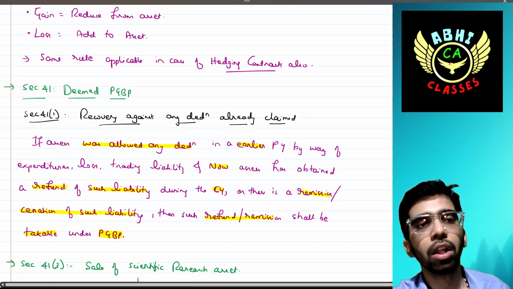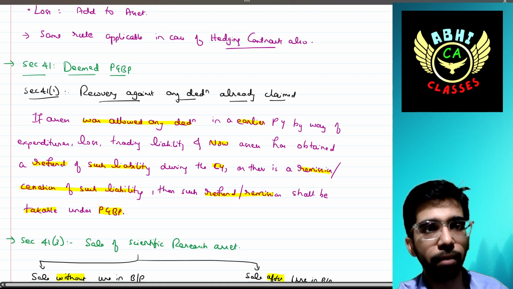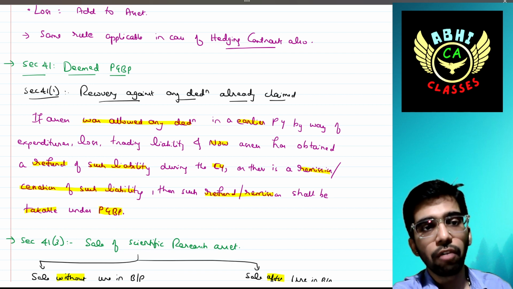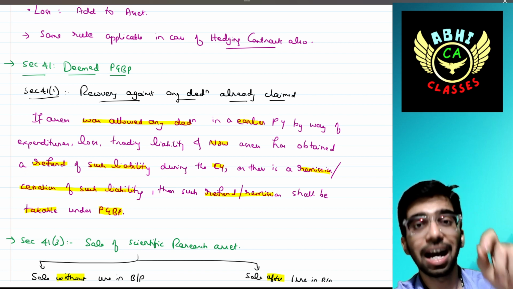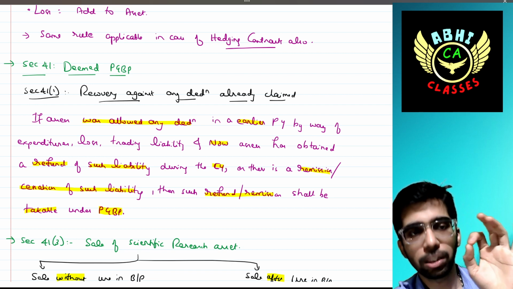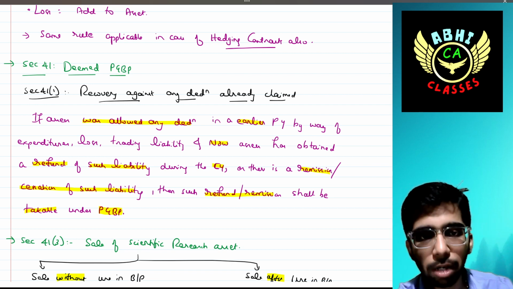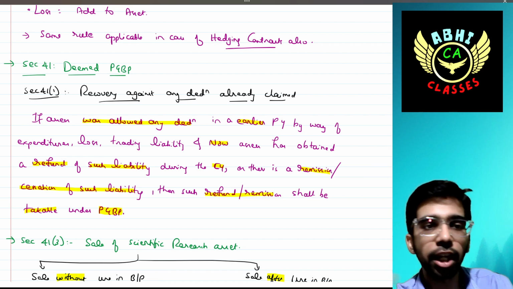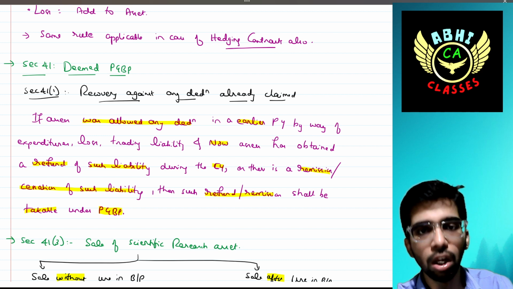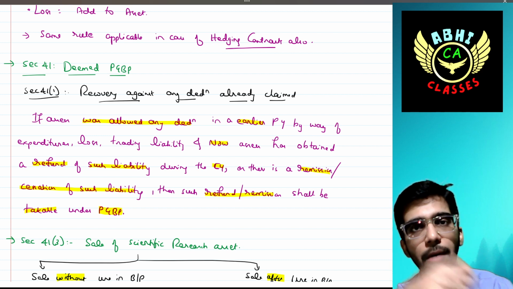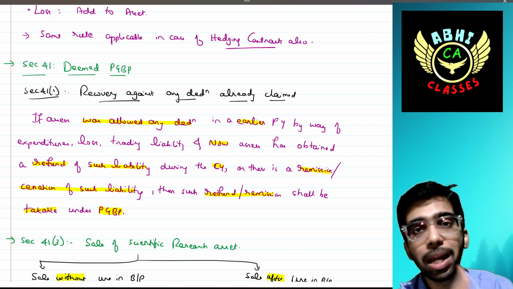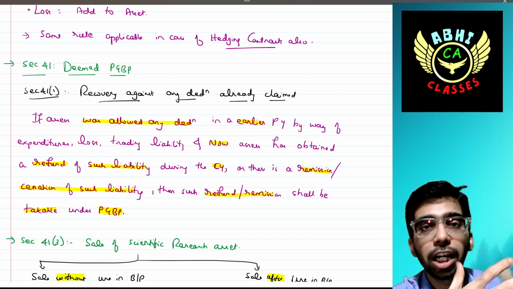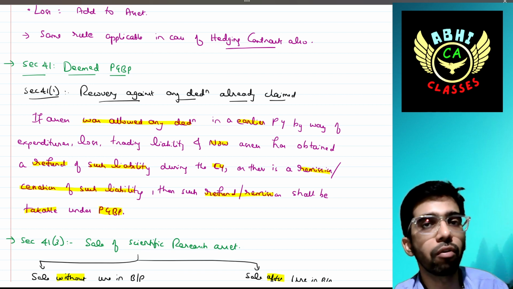That is important. Section 41, the deemed PGBP. Section 41(1), recovery against any deductions already claimed. If an assessee was allowed any deduction in an earlier previous year by way of expenditure, loss or trading liability, and now the assessee has obtained a refund of such liability during the current year, or there is a remission or cessation of liability, that means some creditor may say that this portion of the credit balance need not be paid, then that will be beneficial for the assessee, right?